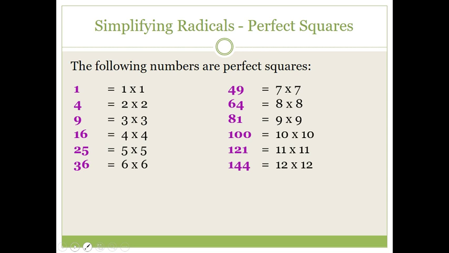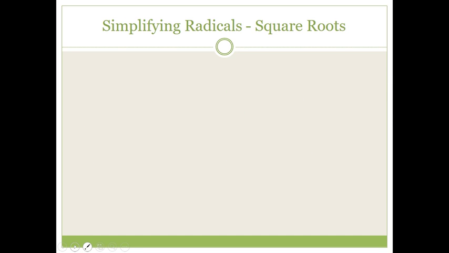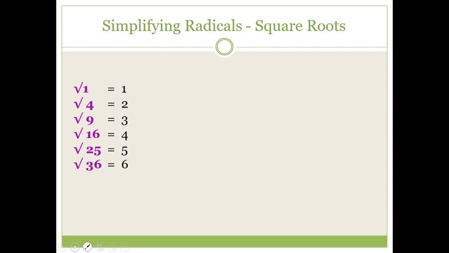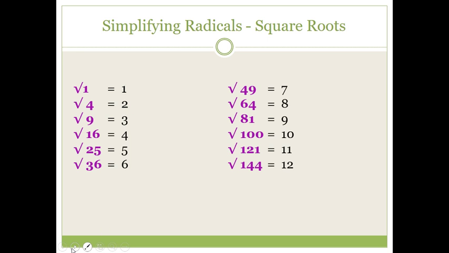So here I've listed the perfect squares all the way up to 144. Likewise, I can list the perfect square roots. So the square root of 1 is 1, the square root of 4 is 2, and so on, all the way up to 12.